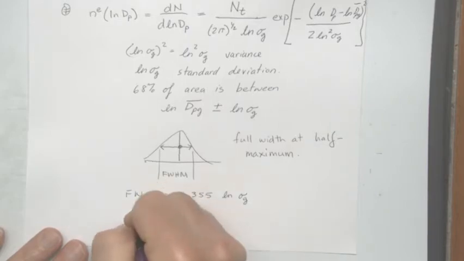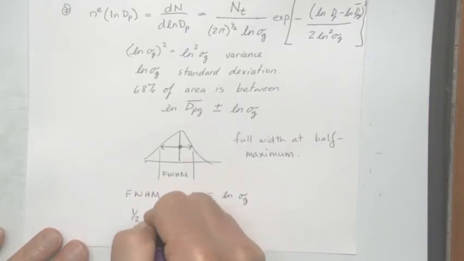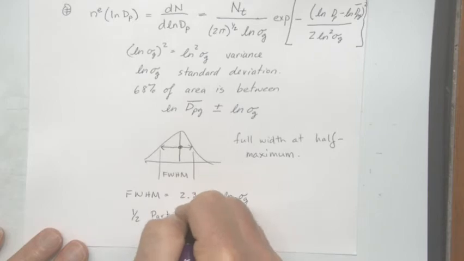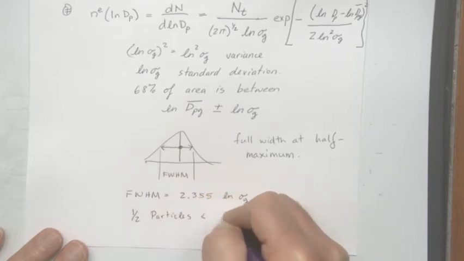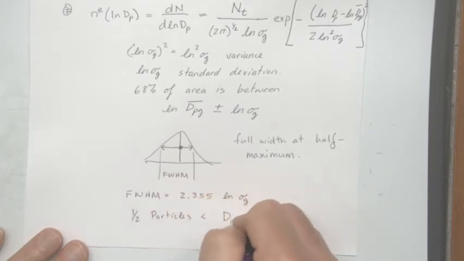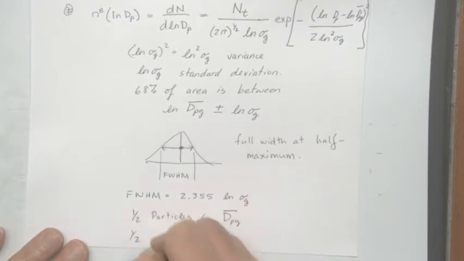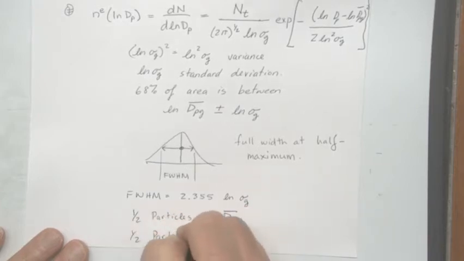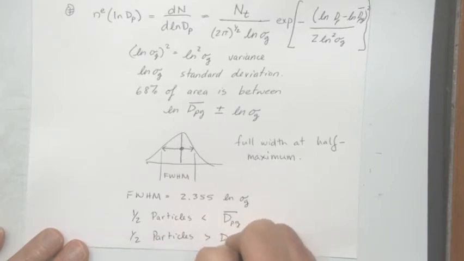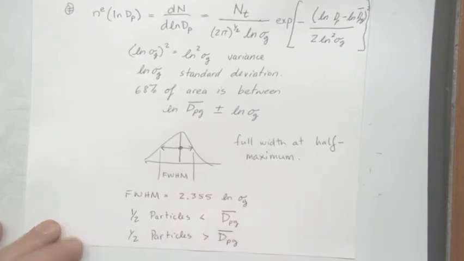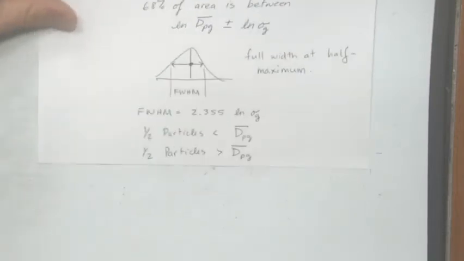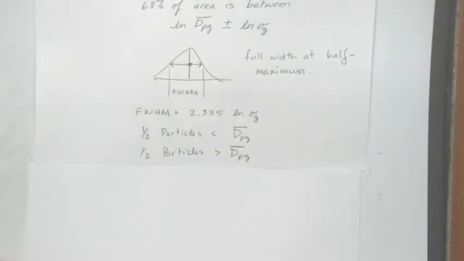And I said this, but let's write it down. 1/2 of the particles are going to be below dpg. 1/2 the particles above dpg. So that's the base E version of the log normal distribution.